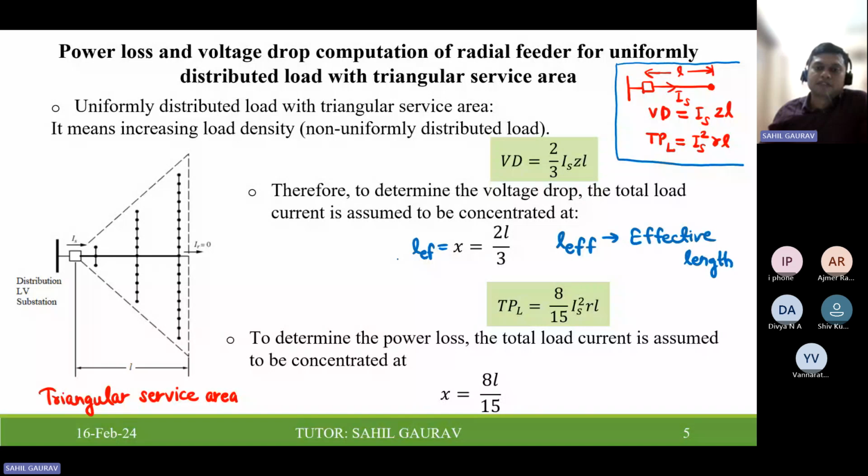Effective length of primary feeder. And similarly, for power loss, the effective length of the primary feeder will be 8L upon 15. So this one is the total length of the feeder. L is the total length of the feeder, and L effective is the effective length of the primary feeder.